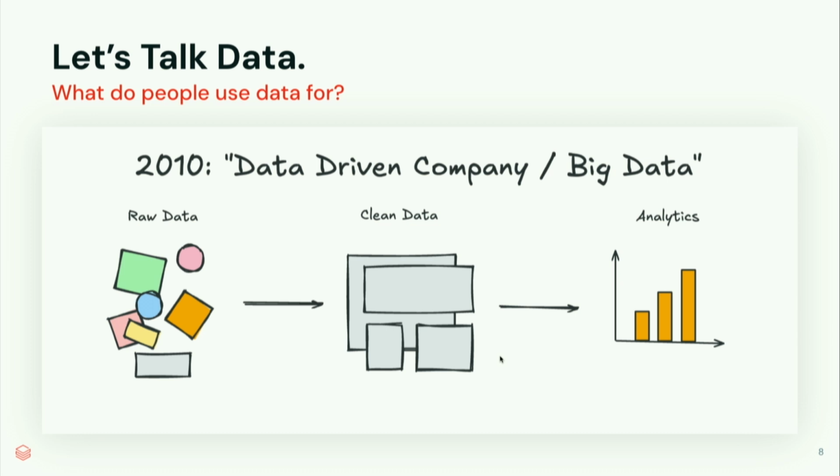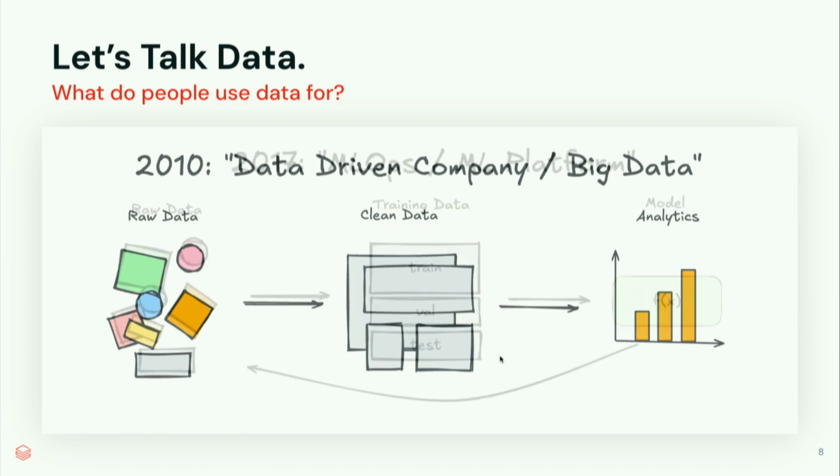And then you pipe that into analytics. You use technology such as JDBC, you use dashboarding software like Tableau, Looker, and you plot charts, and this powers business intelligence, BI. And this was really what all companies were trying to put investment into in order to be a more data-driven company.